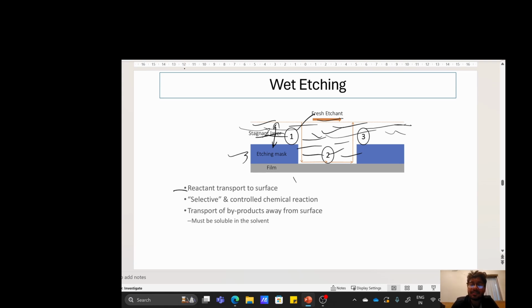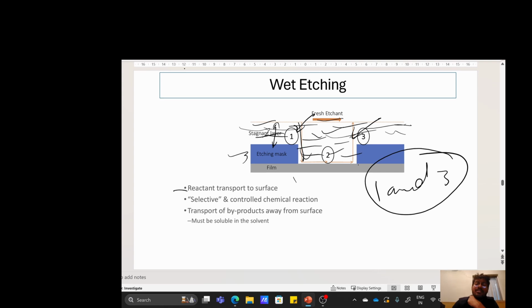Initially, the first process and the third process are diffusion. One is the in-diffusion and one is the out-diffusion. This out-diffusion is nothing but the product, the dissolved product of the film that we are removing. The second process is the kinetics, the reaction between the etchant and the film.